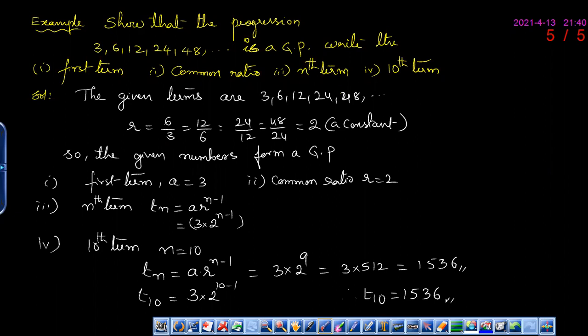If the nth term is asked, you need to write the formula Tn is equal to A into R to the power n minus 1. If they ask to find the 10th term or 11th term or 100th term, you assume the n value is that term. So n is equal to 10 here, for the 10th term. Substitute the values of n, A and R, and you will get the answer.